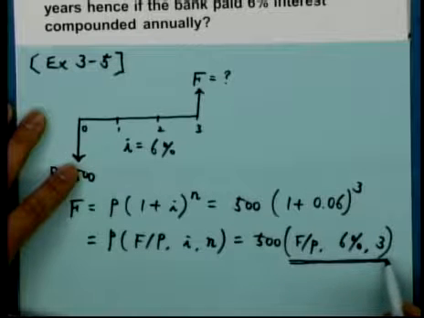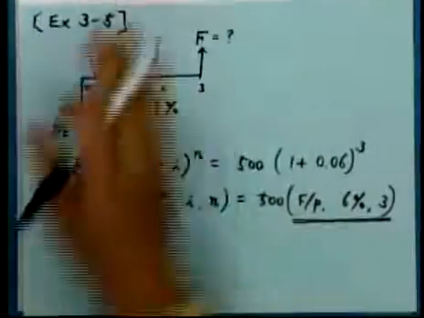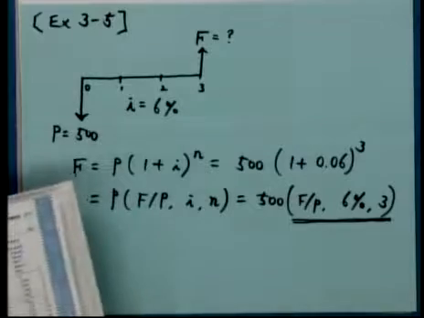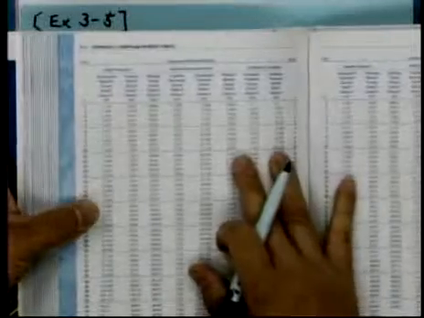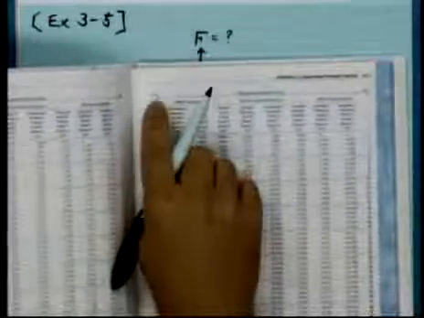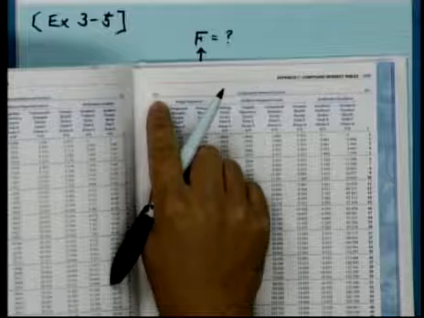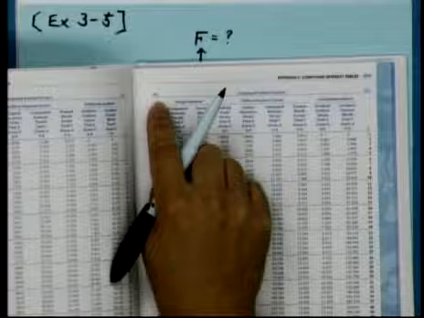This factor value can be easily found from appendix B. So we are looking for 6%. It's very small to see, but you need to find 6% here as the interest rate per compounding period.